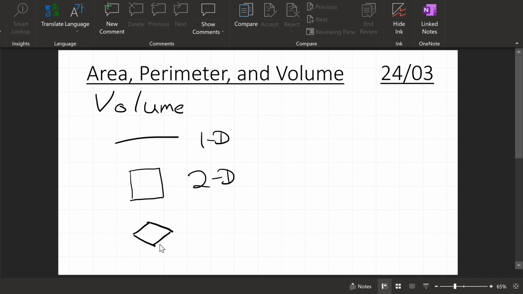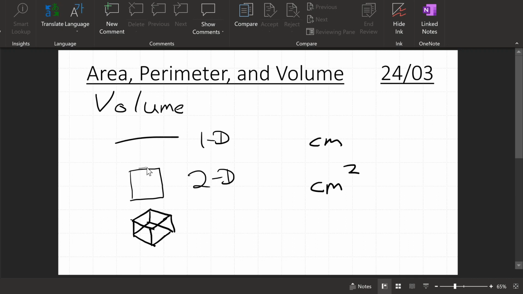So before we continue on, when we were dealing with one-dimensional spaces, just like a straight line, what did we measure that in? Well, we measured that in centimeters, right? And when we were dealing with two-dimensional objects, we dealt with that in what? So the area of a square was centimeters squared.